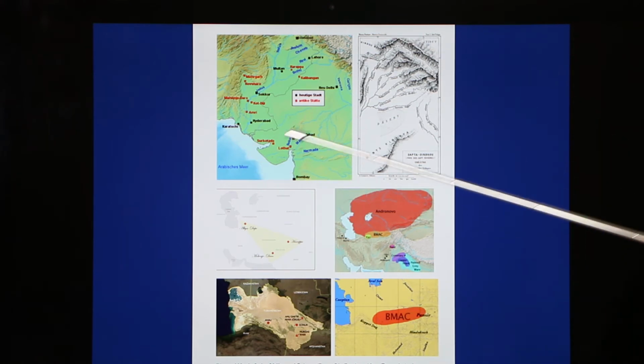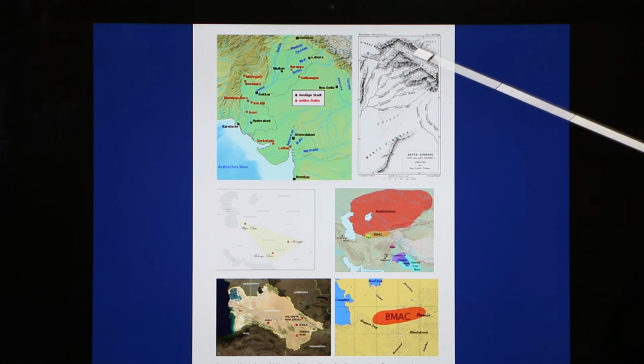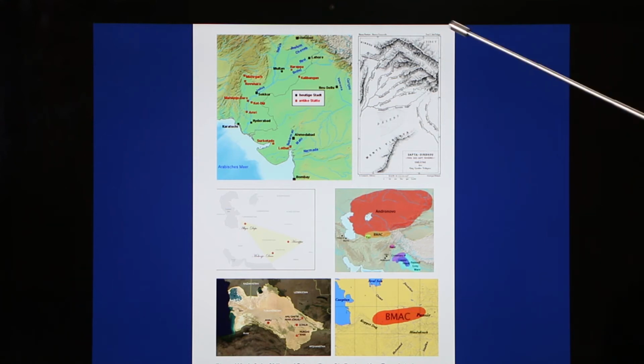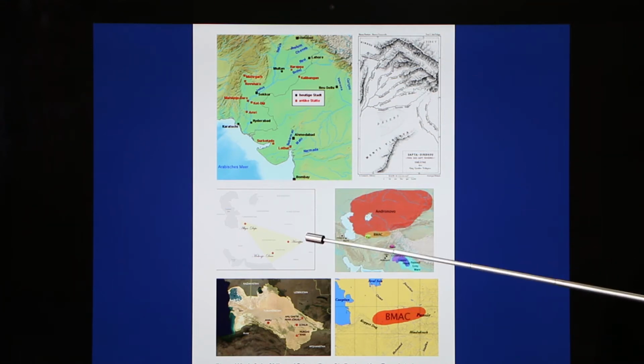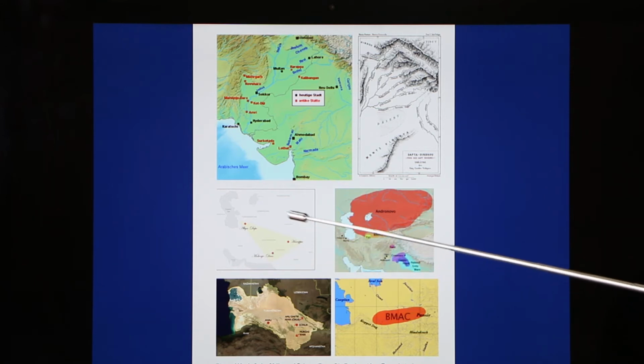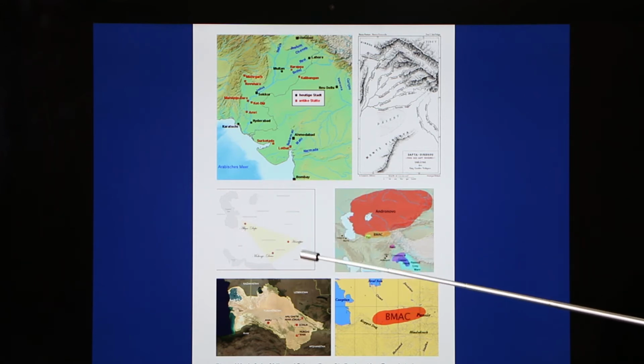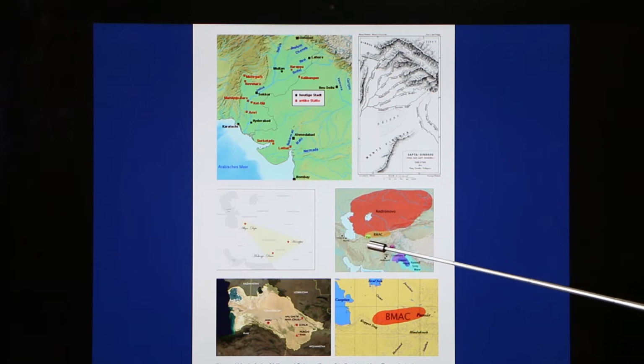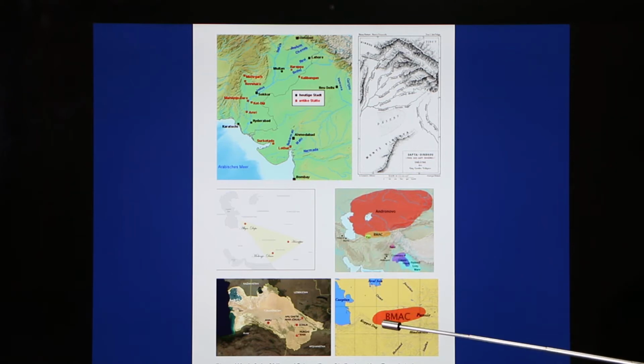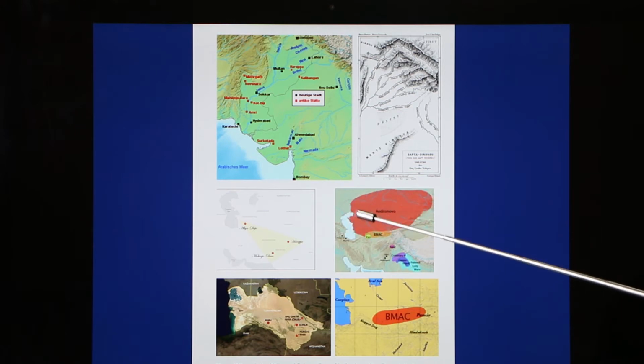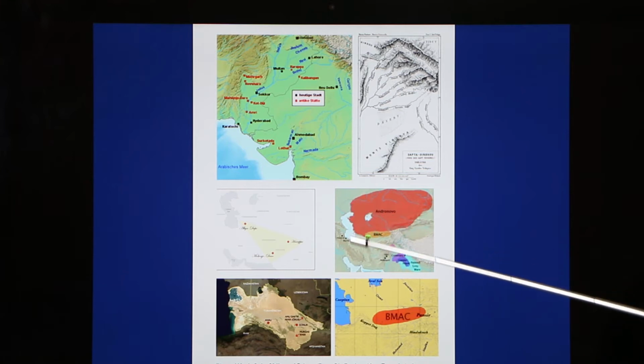Here we have the Indus Valley, which then becomes the Sapta Sindhu, and then north of that was an enormous empire. Well, 2 enormous empires. Well, there was a little one, the so-called Bactrian Margian Andronovo culture, and then the Andronovo culture that included the Aral Sea and went all the way to the Caspian Sea.